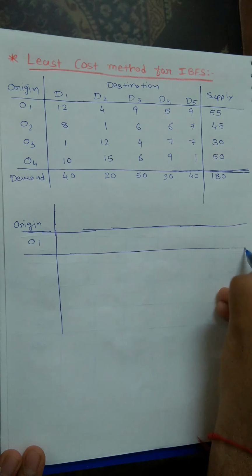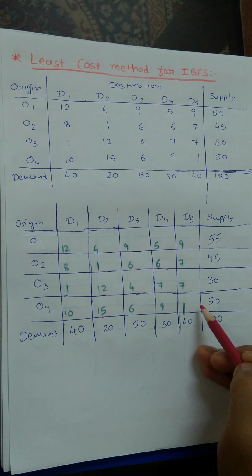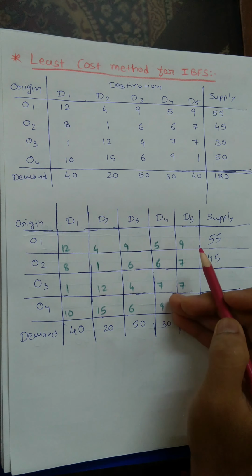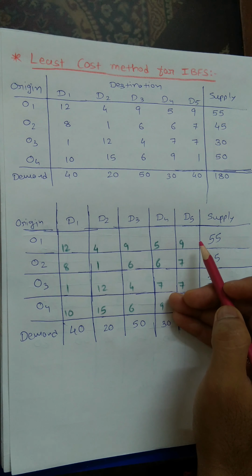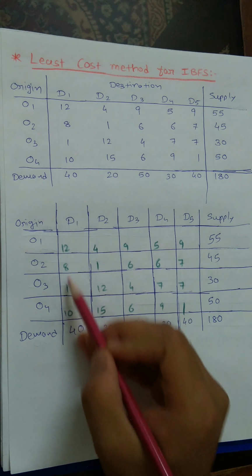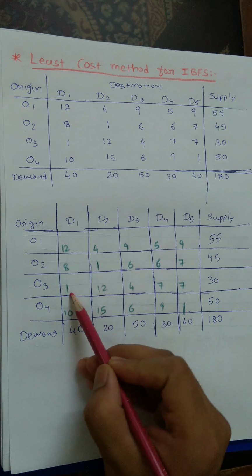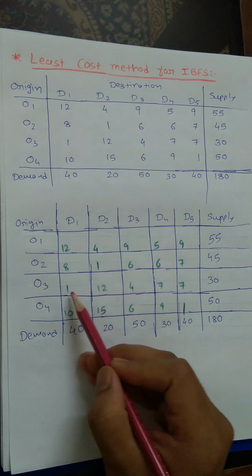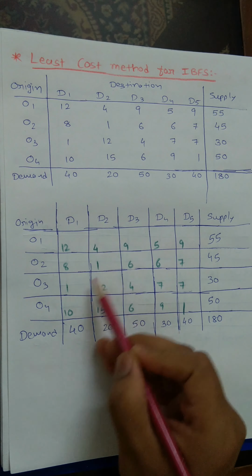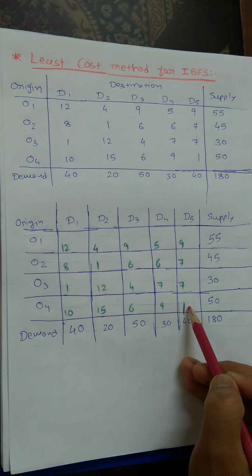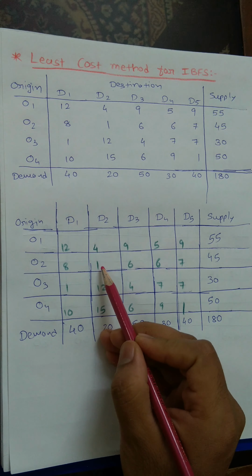Now as the method's name is least cost method, we first need to check for the least cost out of the given values. Here you can see the least cost is 1 and that is present in three different cells, O2D2, O3D1 and O4D5. So which one to select for the allocation?